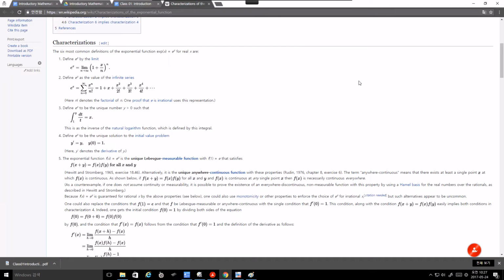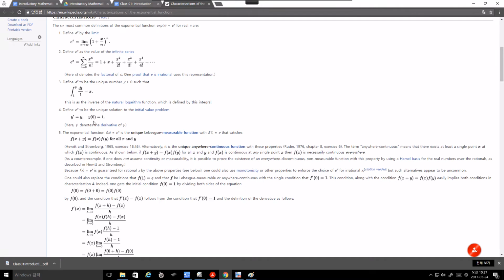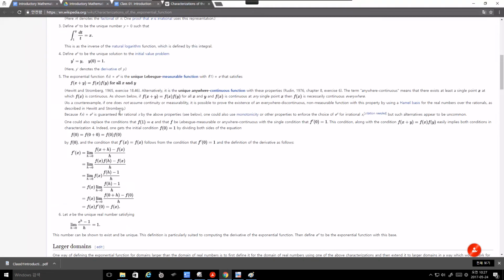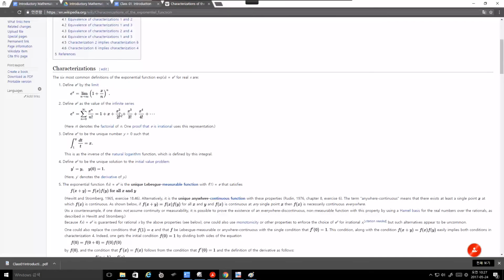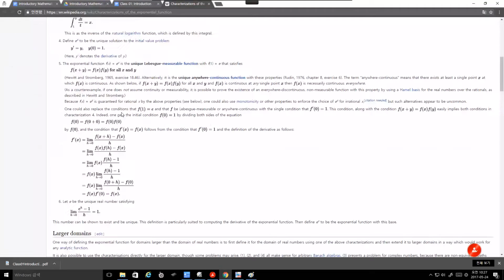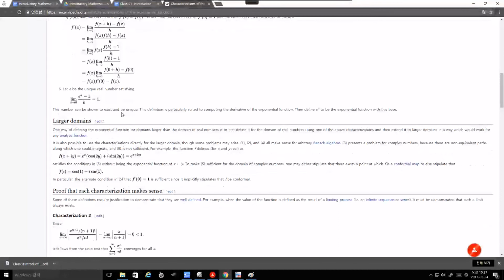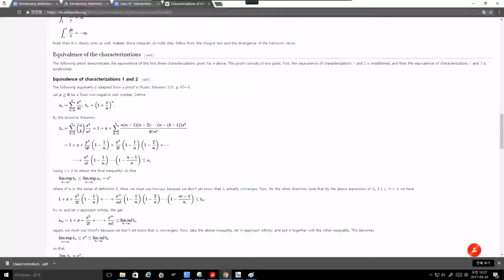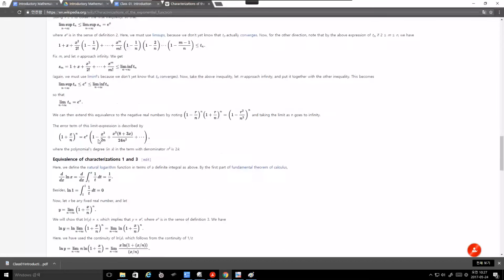So this is it. We can define e to the x to be the unique number y that satisfies this. And there are other interesting properties of the exponential function, with interesting characterization and proof.